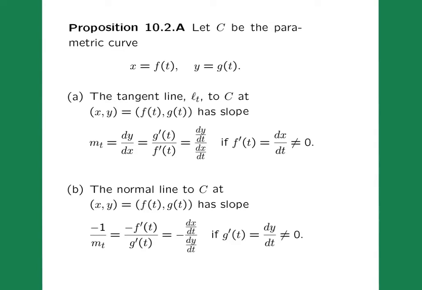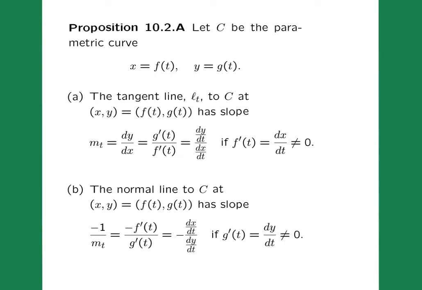So what is the slope of the tangent line L sub t to our parametric curve C corresponding to the point on our curve at t? I've denoted that by m sub t to indicate that this corresponds to the point on our curve at the parameter t. That is equal to dy dx, certainly. And what's that going to equal? That's going to equal g prime of t over f prime of t, where y, remember, was g of t and x was f of t.